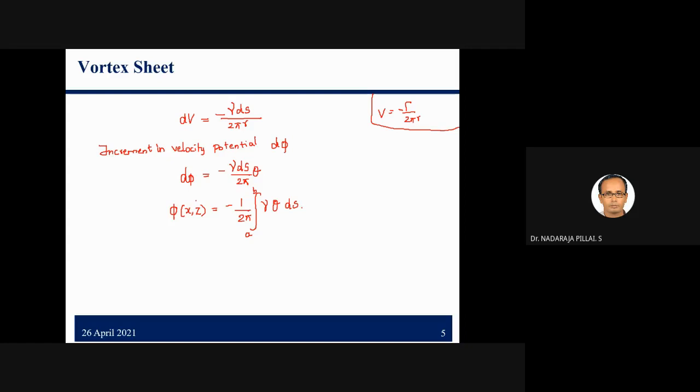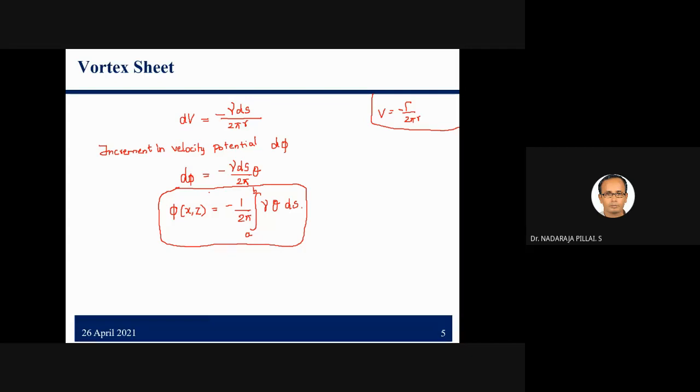So this velocity potential will be very much useful for our further discussion in thin airfoil theory. So please note how we are arriving to this particular point.